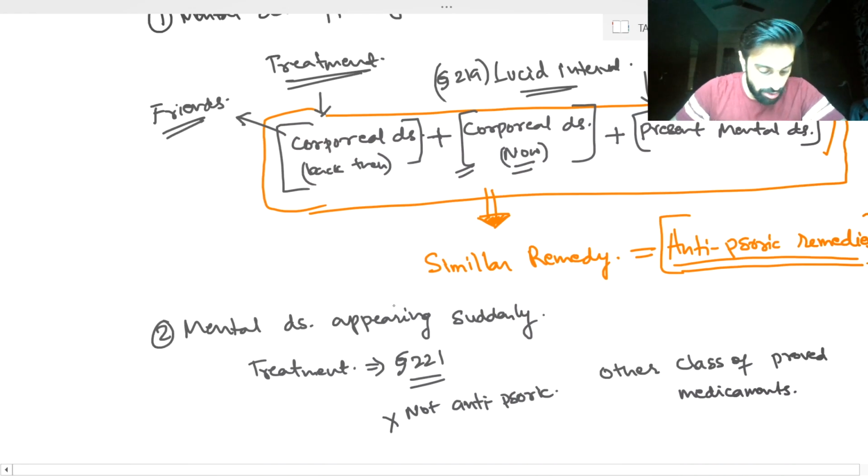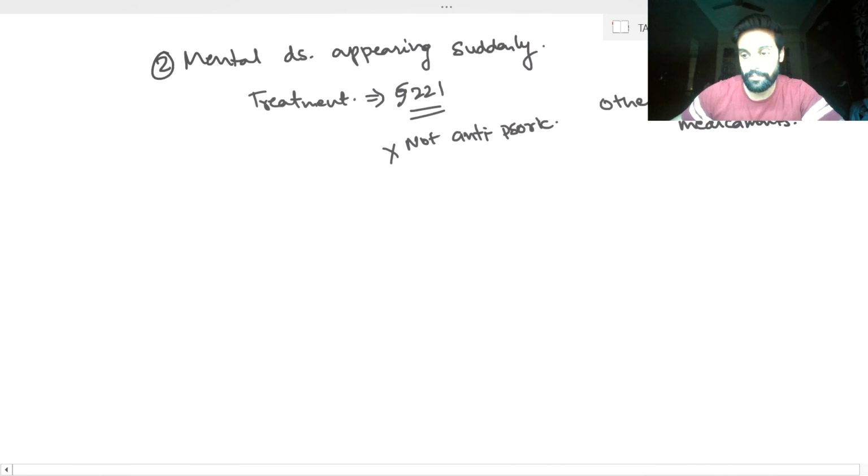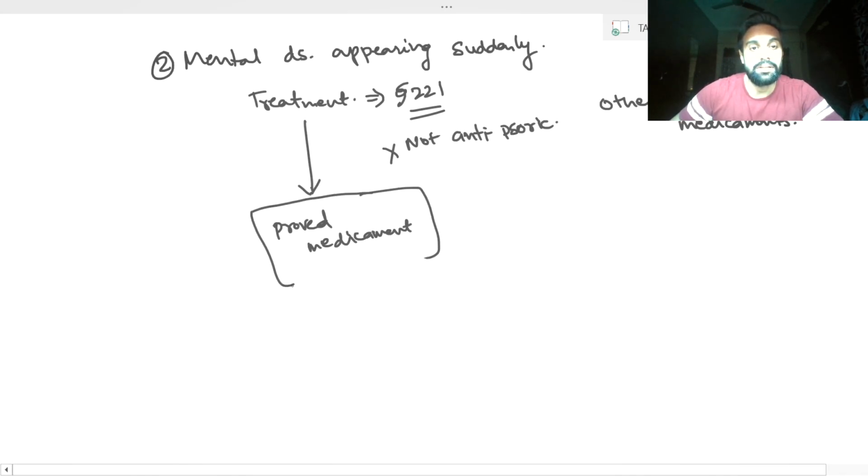Now further in the aphorism, it is also said that after you have given this medicine, no time should be wasted, but you need to give antipsoric medicine.